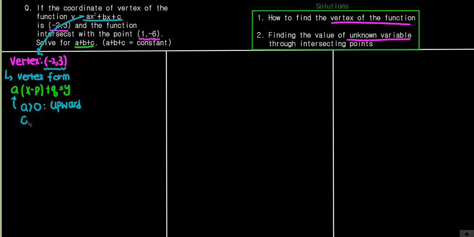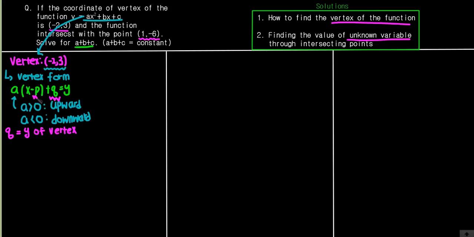When the a value is less than 0, which means negative, the graph will go downward. This is what the a means. This time we don't know the exact value of a, so we cannot say whether the function goes upward or downward. And q is the y coordinate of our vertex.